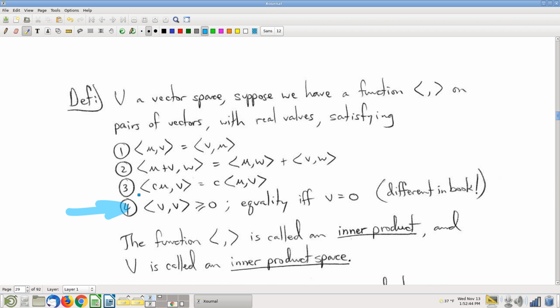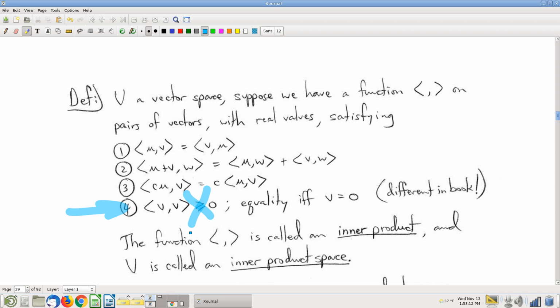The book does not specifically require that a self-inner product be non-negative. The book's version of what I'm going to call property number 4 is just that a self-inner product can only be 0 if the vector is the 0 vector. So that's not just a different phrasing, that is actually a different property. Right? So the book's definition is a different definition.